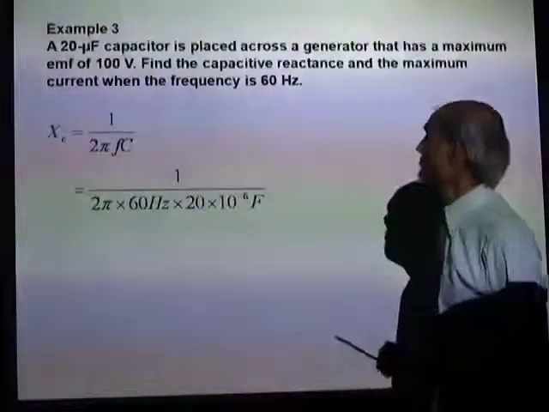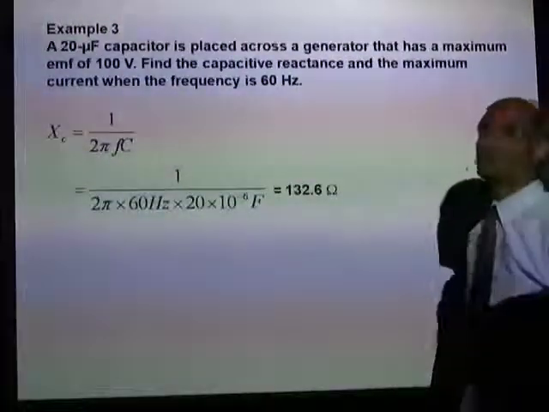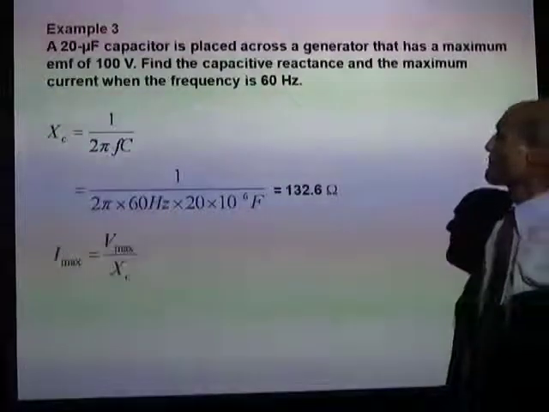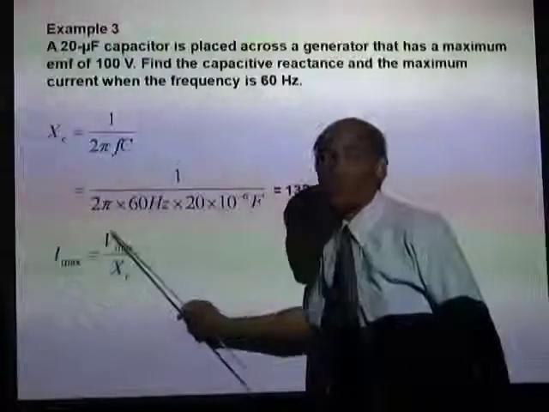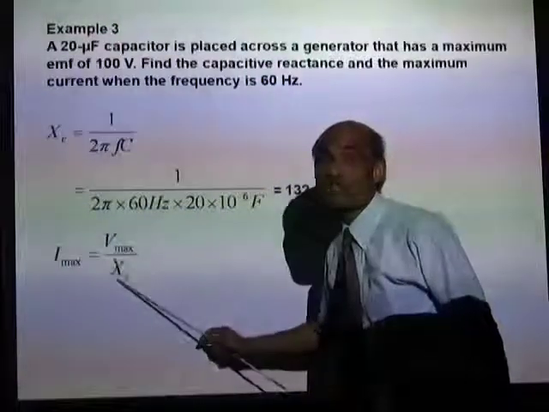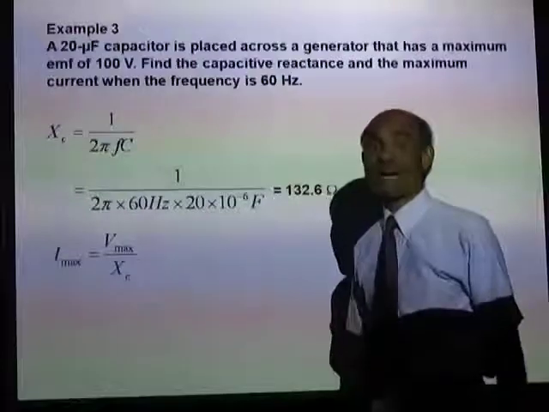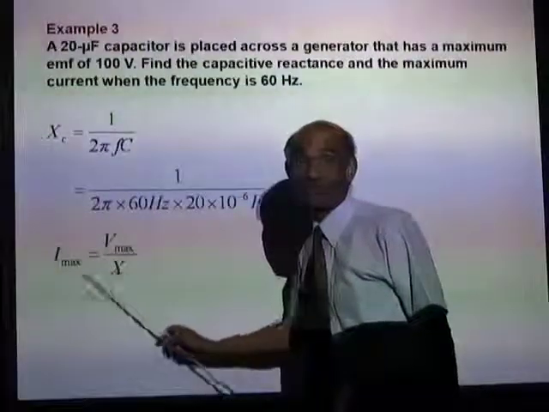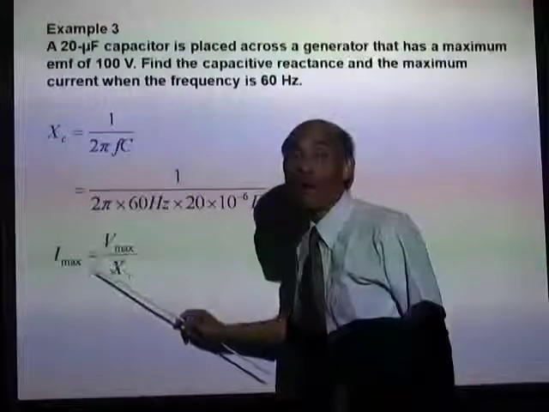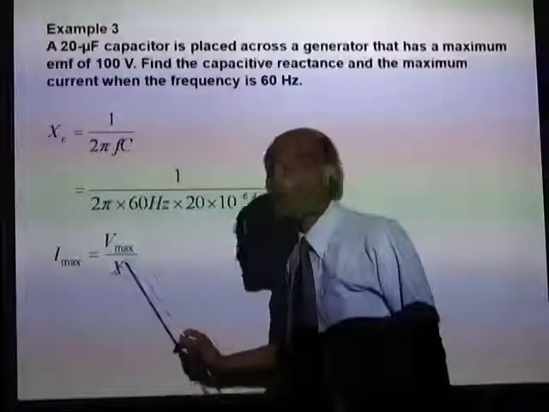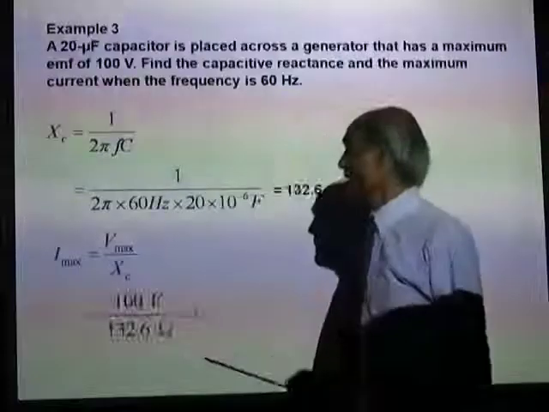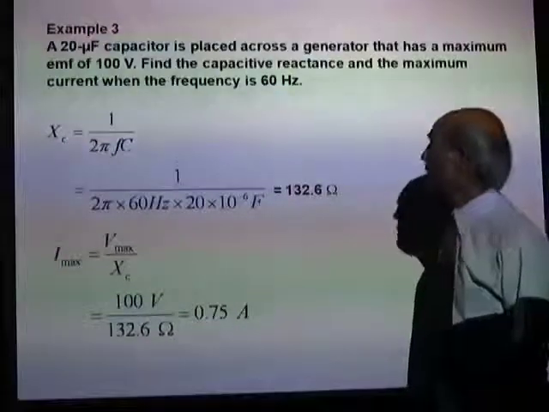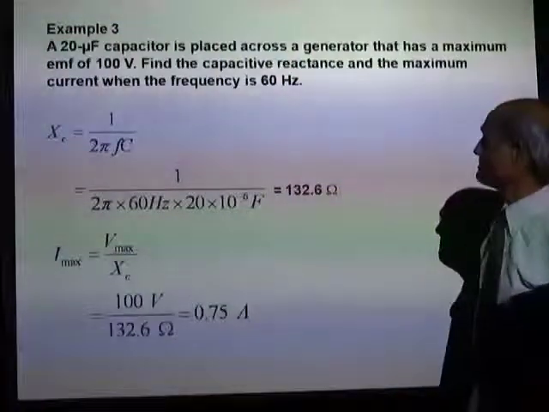Use them in proper units and that gives you the reactance of 132.6 ohms. Now, the maximum current is maximum voltage divided by the reactance. You can see the same situation, Ohm's law, I equals V over R. In this case it is not R but reactance. And we know all these values. So the maximum current is 0.75 ampere.